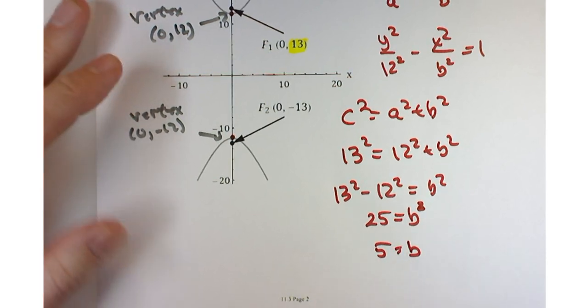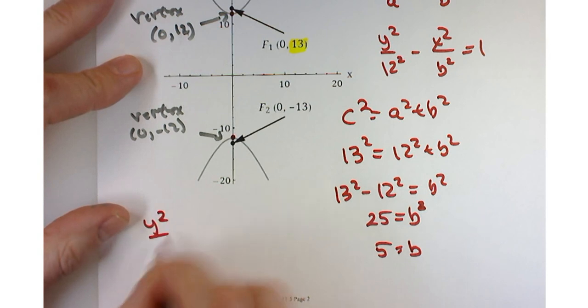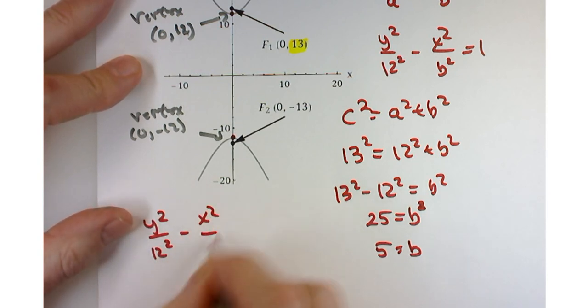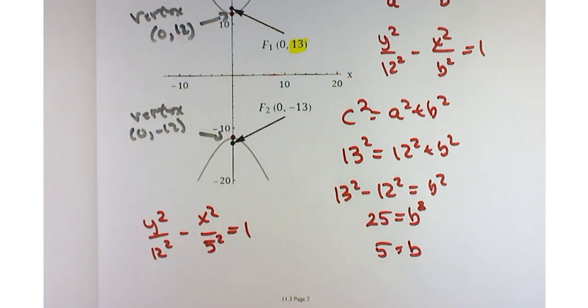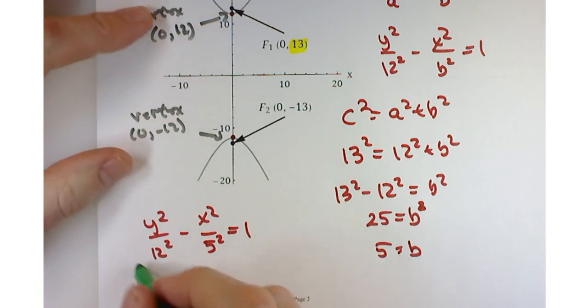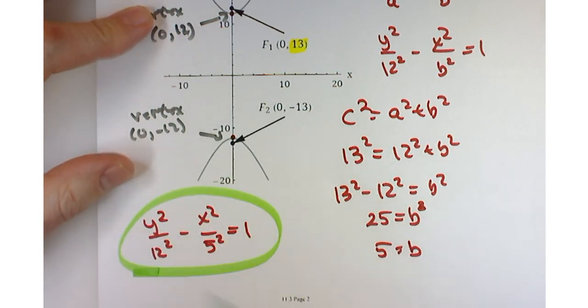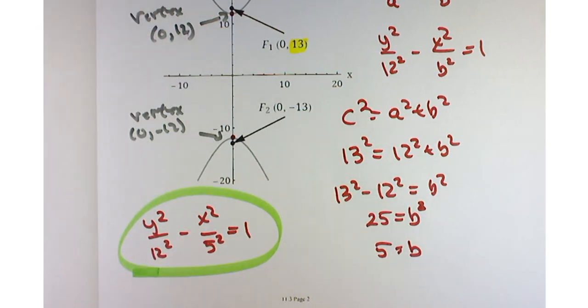Okay, and that completes it. We've got y squared over 12 squared minus x squared over 5 squared equals 1. And that is our answer. Nice, nice.